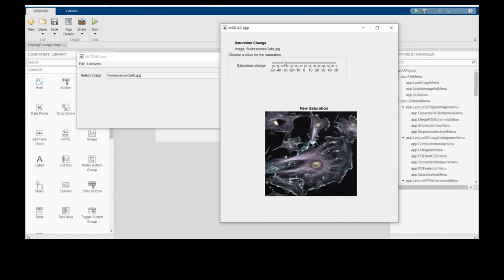It doesn't seem to be working properly. So we should be closer to very saturated colors. And here at 0, yeah. So 0 is, yeah, it is working.